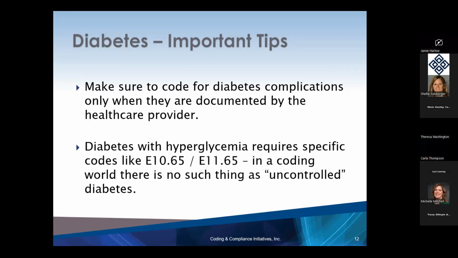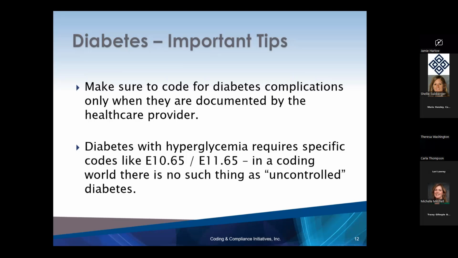Can we fix those diagnoses to report E11.65? In a coding world, we cannot do that. Nurses, coders, billers, we cannot diagnose patients. So if the provider does not specify diabetes with hypoglycemia, diabetes with hyperglycemia, we cannot code that.